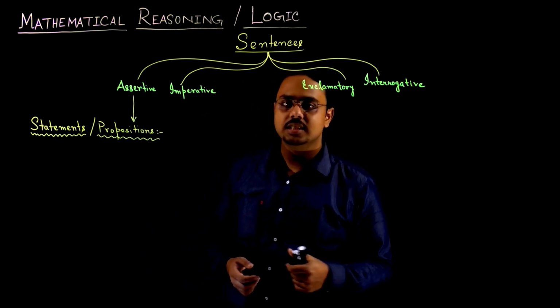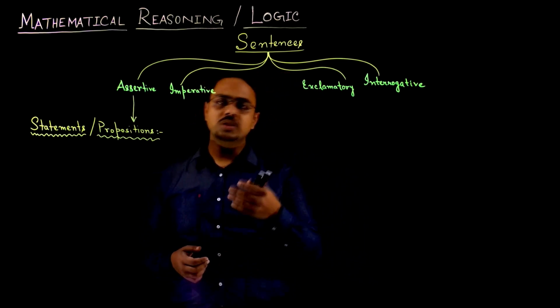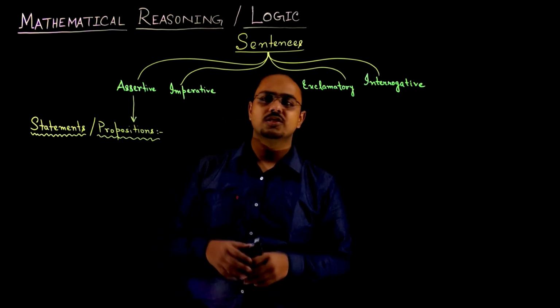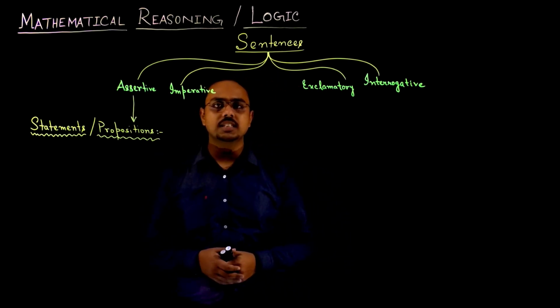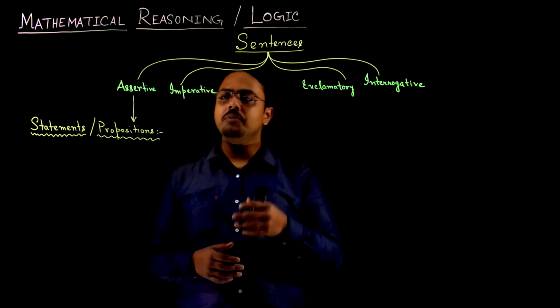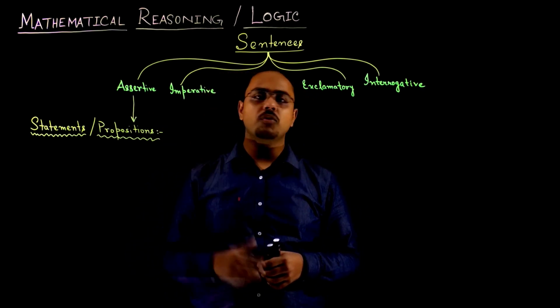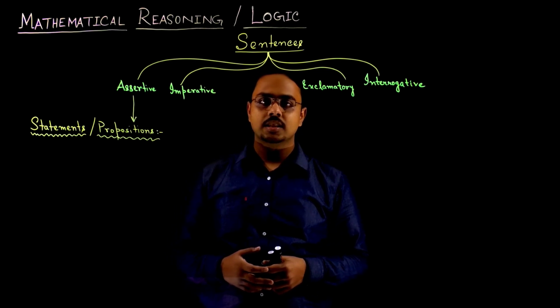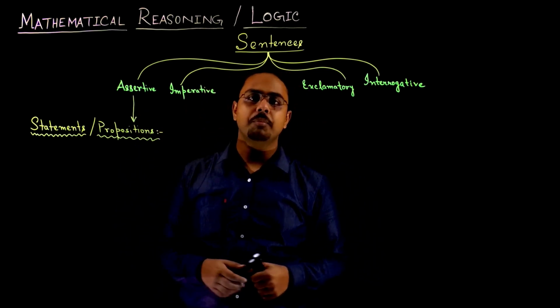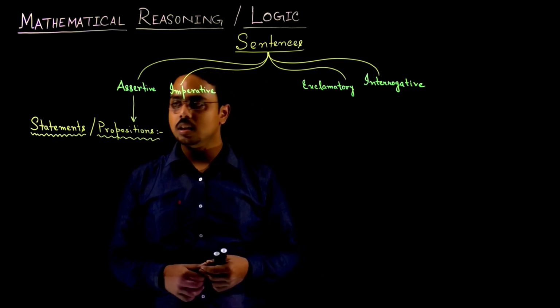And an interrogative sentence generally refers to those types of sentences in which we ask questions. These are the types of sentences we generally encounter, but here we will only focus on the assertive or declarative sentence, which forms the base for our discussion in the mathematical reasoning or mathematical logic chapter.